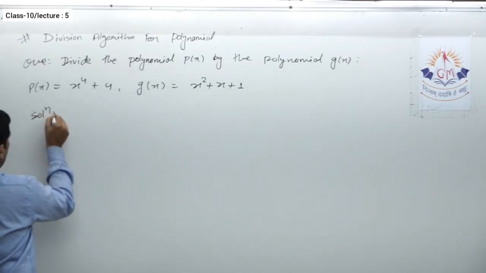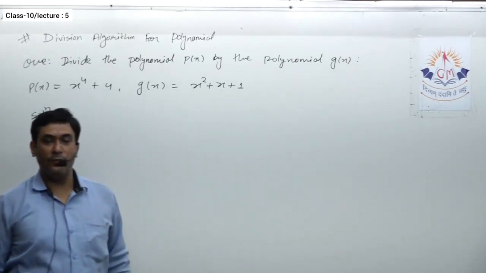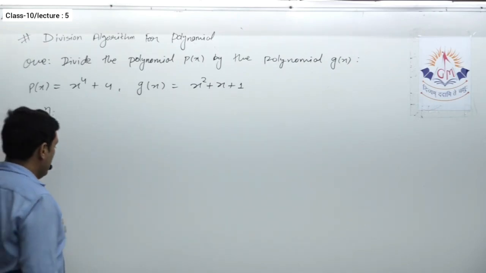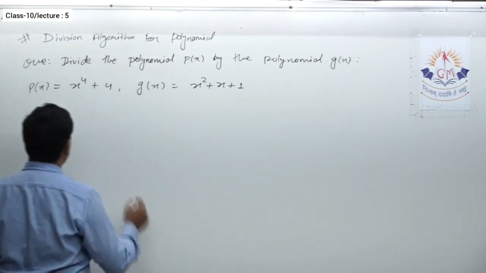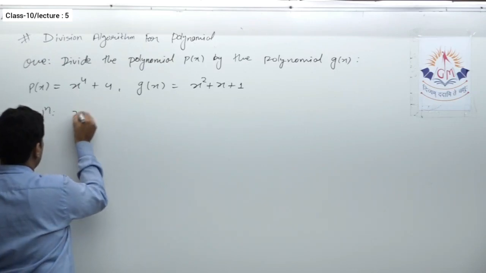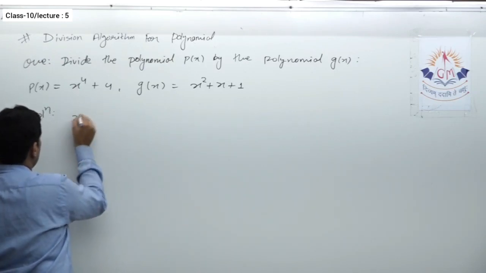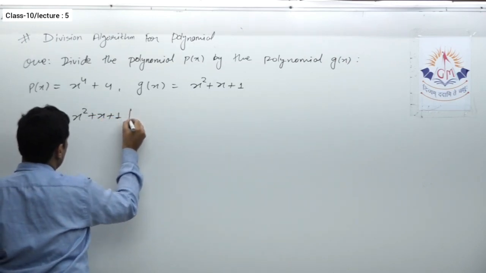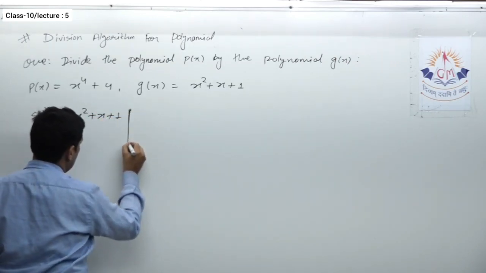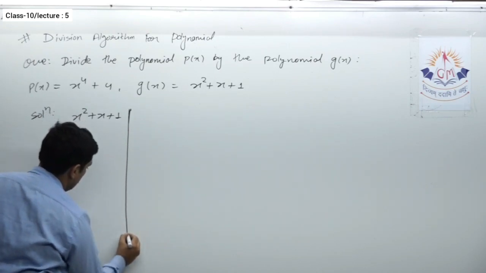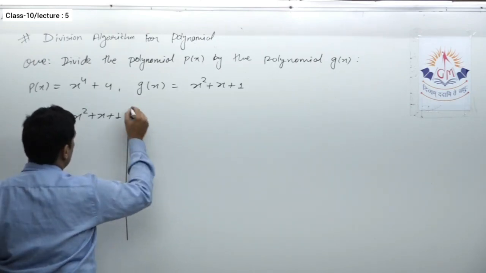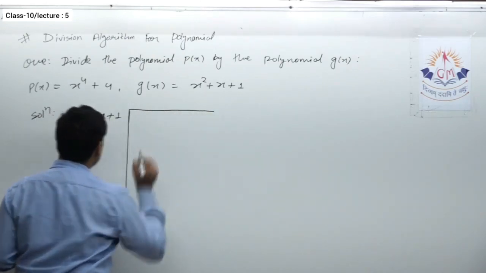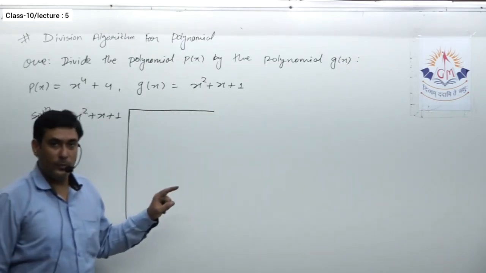Okay, so let us see. Again, we will follow the same thing. That means first of all, we write the dividend and the divisor polynomial in the standard form. Here x square plus x plus 1 is already in the standard form, but the dividend we have to write in the standard form. As I told you, they should be in the decreasing order of the power of x.